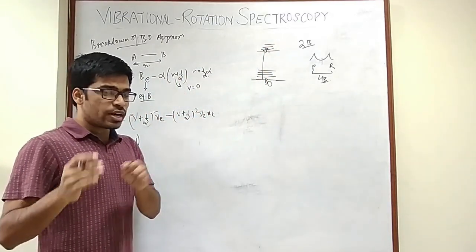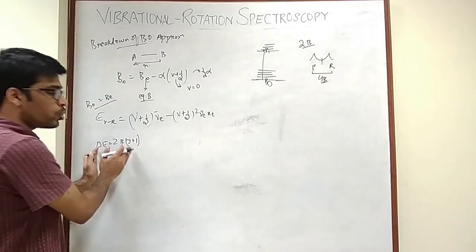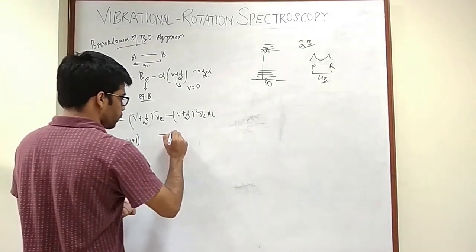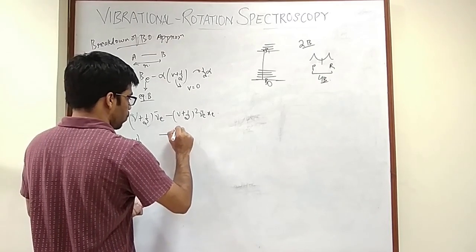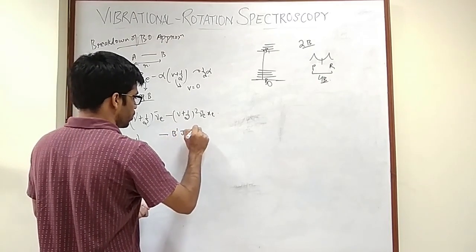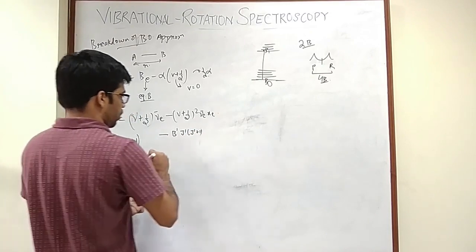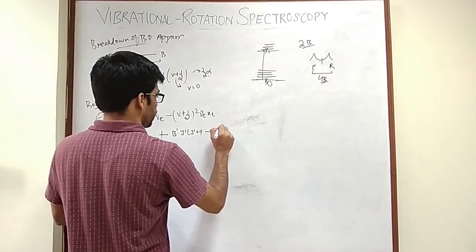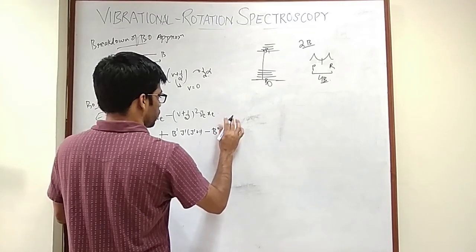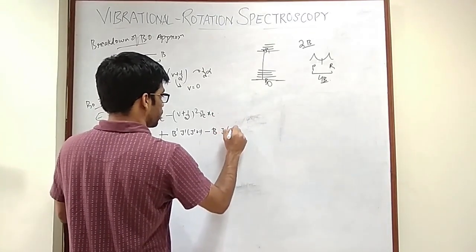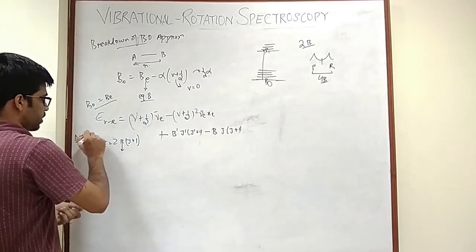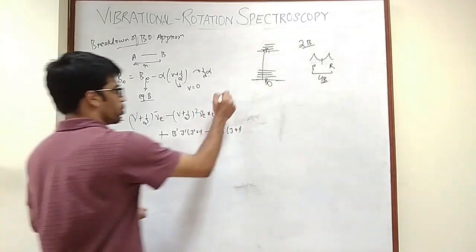So if B1 and B0 are different, you cannot come to this formula. So that would mean this will be B'(J' plus 1) plus or minus B0, or let's say let it be just B(J plus 1). Now in this case I have considered delta J to be plus 1. Now the selection rules.